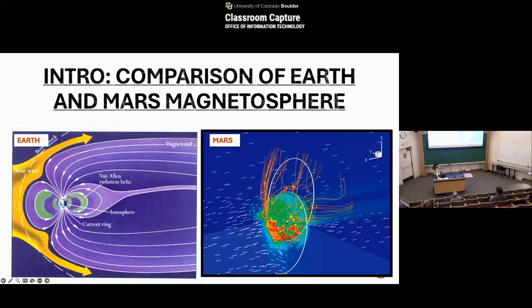At Mars, the separation of the solar wind and the induced magnetosphere is much closer to the planet. It's actually about 1.5 radii from Mars. So the interaction is closer and interacts with the ionosphere at Mars. Also the case of Venus.